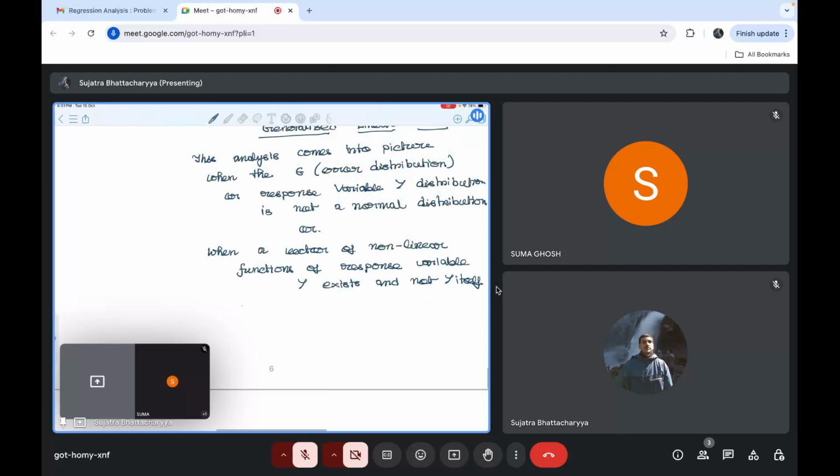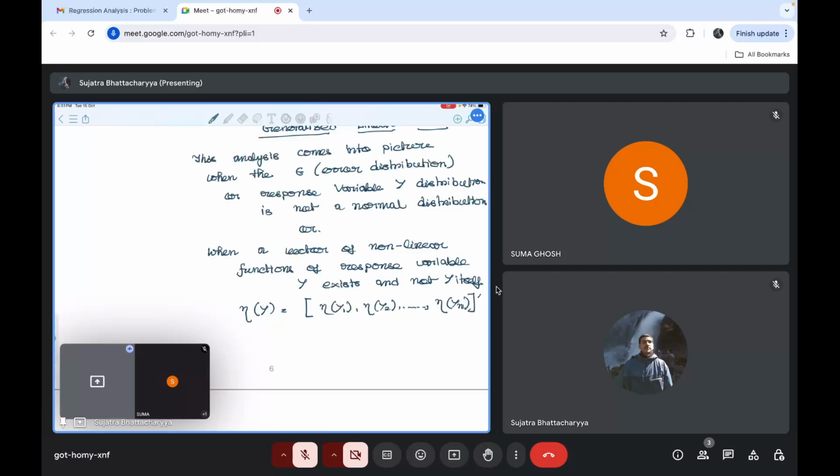So it is like eta of y1, eta of y2, and so on up to eta of yn, written as a transpose.